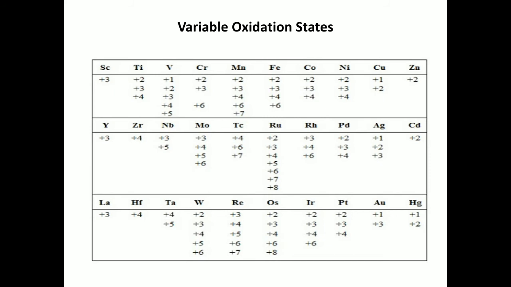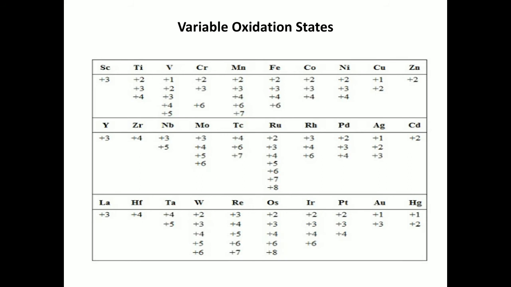Generally, a fixed oxidation state is shown by most elements of the periodic table, but D block elements have more than one oxidation state, and they exhibit different oxidation states in different compounds, because in transition elements the energy gap between the nth level and the n minus 1 d level is very small.